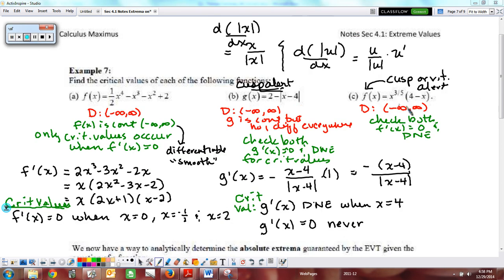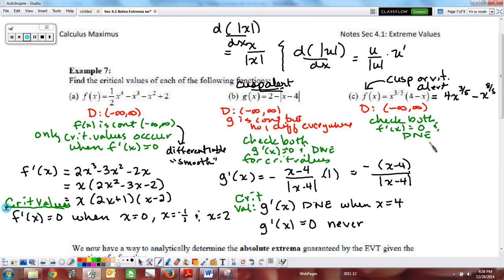Alright, so we're going to take the derivative. Now, you have options here. We could use the product rule, or we could simply just multiply this out and make it into a polynomial, which I'm going to do. I think that's easier. So 4x to the 3/5 minus, remember we're adding, so it would be x to the 8/5 after I multiply.